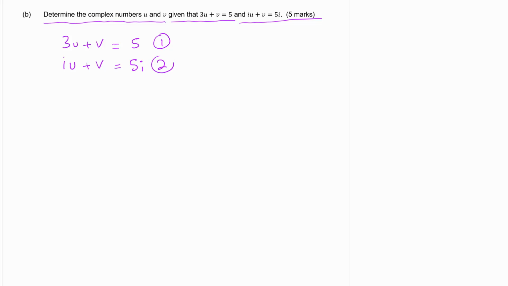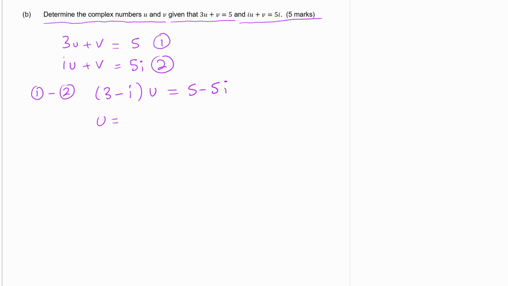Let's call that one equation 2. So if we do 1 take away 2, I get 3 minus i u. The v's will cancel out, and I get 5 minus 5i.